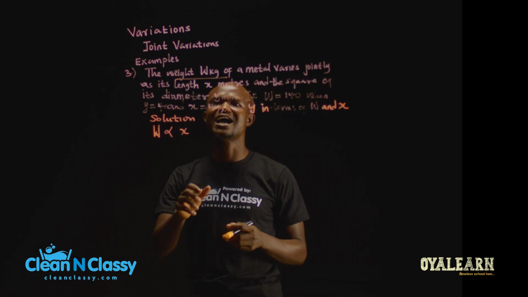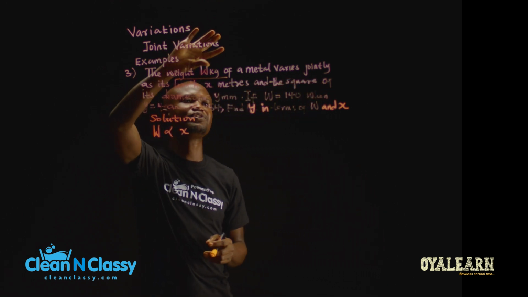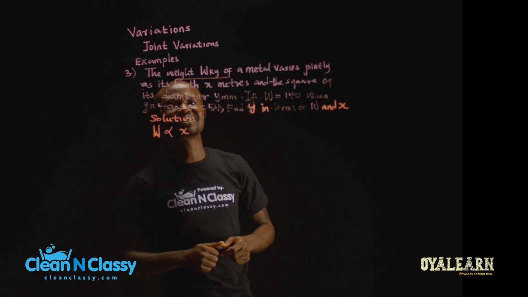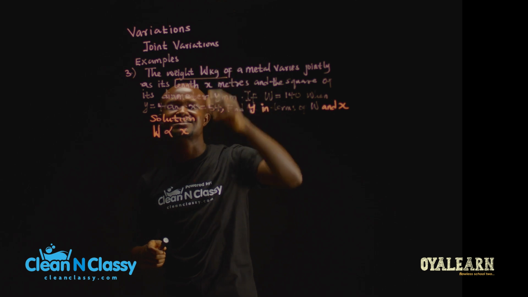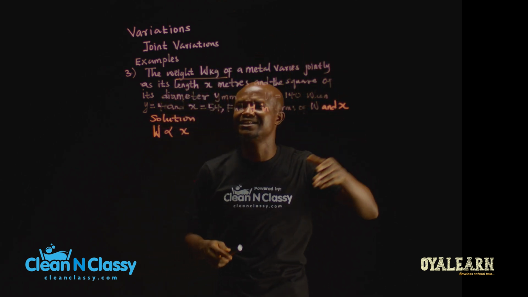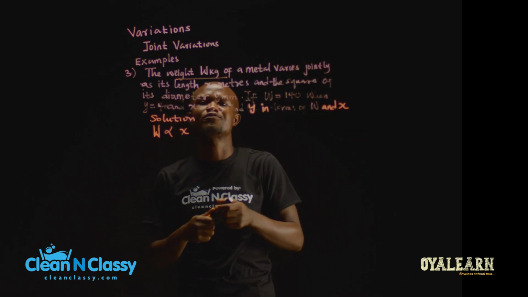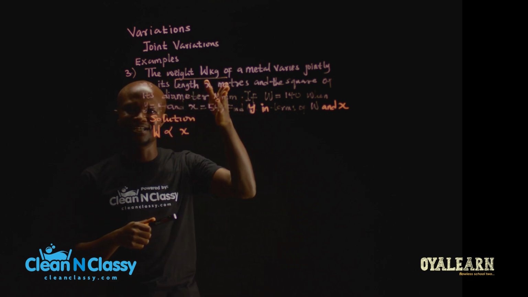That is, from this question, it means that W varies directly as x, and also varies directly as the square of its diameter.